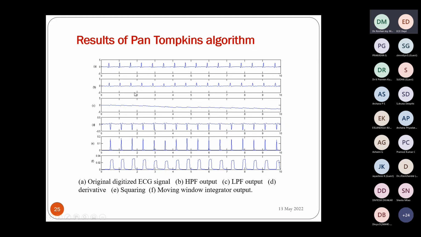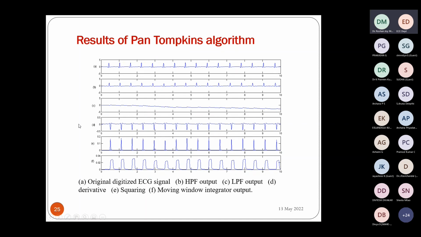The second row is the high pass filter output, where we can see that some low frequencies are not there. After the high pass filter, we are getting some variations. Then again, we have to perform low pass filtering. That time we will get a signal like this. And these two operations together can be called a band pass filter.